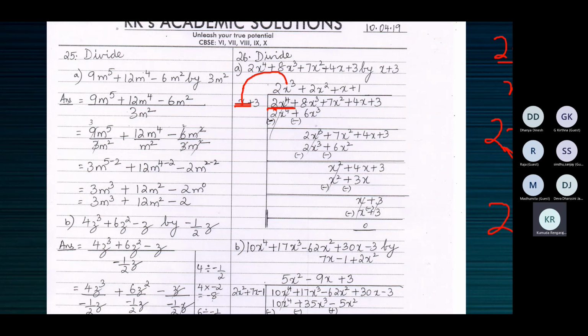Yeah, please work this one, children. 26A, please work it now in the class.